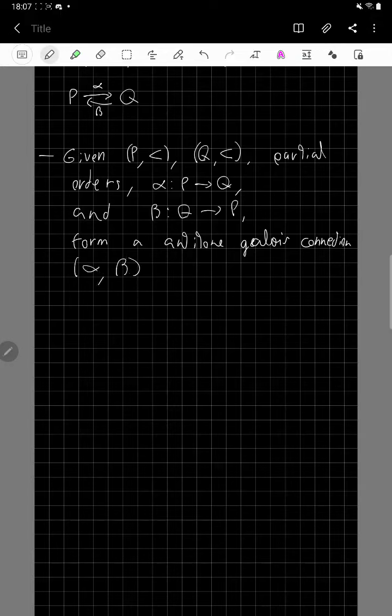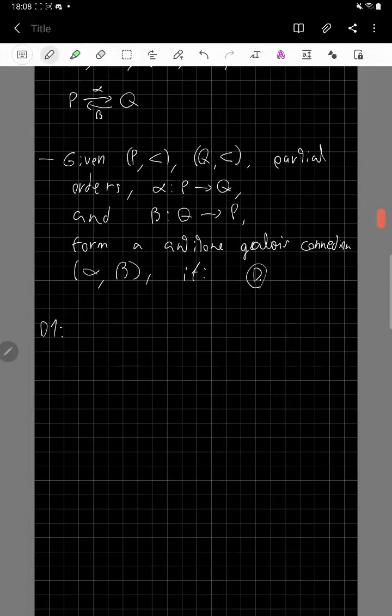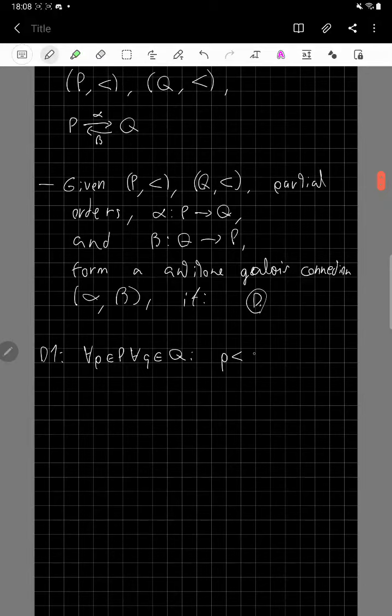Alpha, beta will be a Galois connection if, definition 1, we have the Galois relation, where for any p in P and q in Q, we'll have that q smaller than alpha p is equivalent to p smaller than beta q.